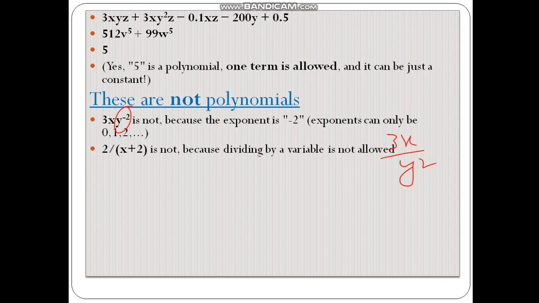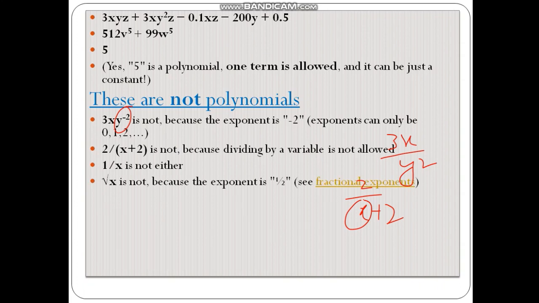Another one, here again the variable is in the denominator, 2 by x plus 2. The variable is in the denominator, so this is not a polynomial. 1 upon x is not a polynomial. Under root x is not, because its exponent is not an integer. Yes, we have discussed in our previous slide that the variable power should be a positive integer.